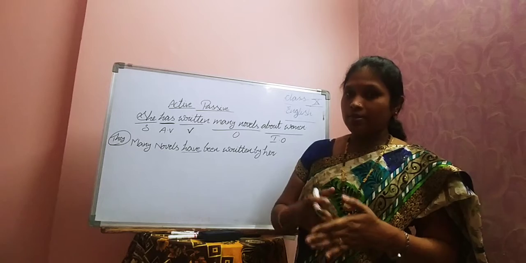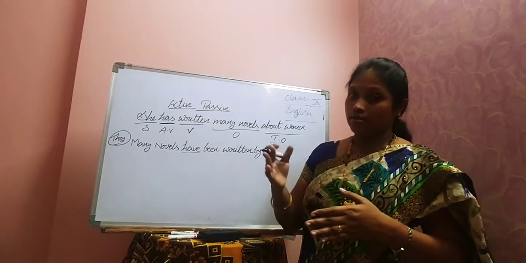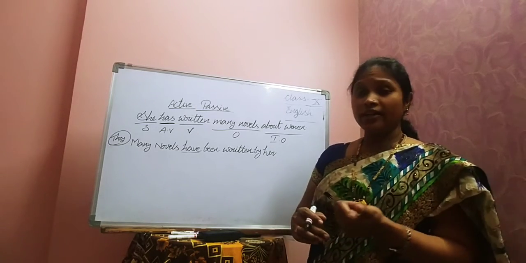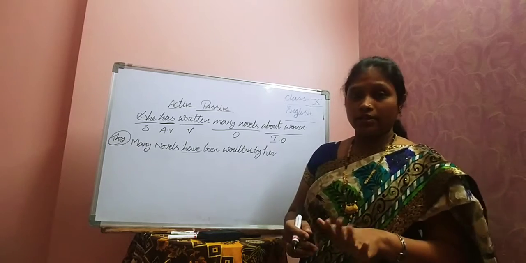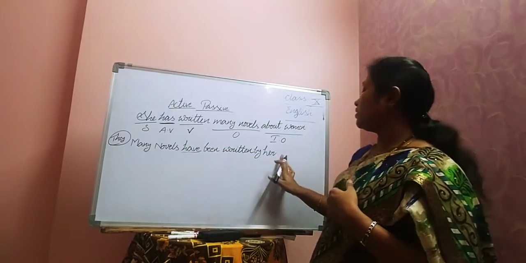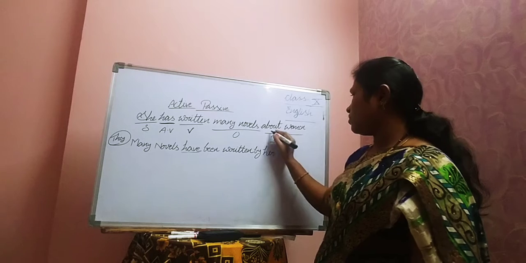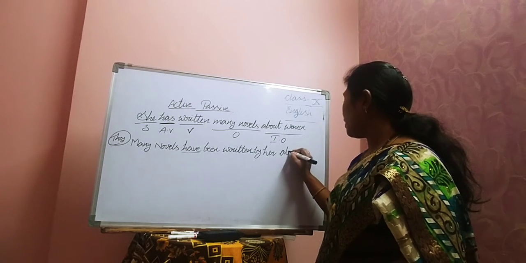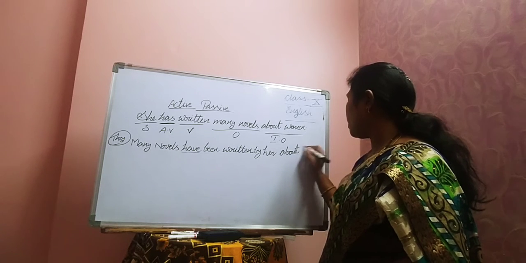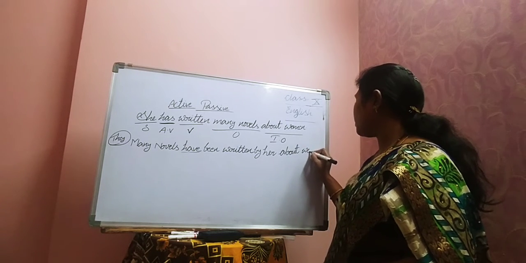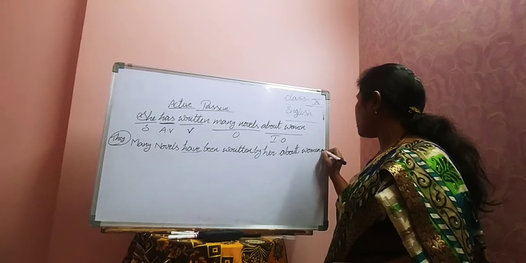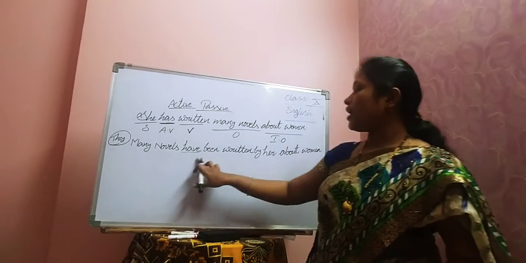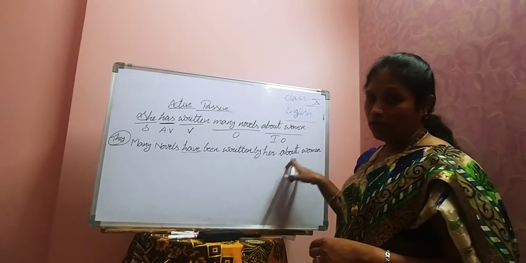She becomes her, he becomes him, and they becomes them, like that. So by her, about. So now you can add this one. By her, about, and you can leave this part also, no problem. About women, like this we need to write. Many novels have been written by her about women.